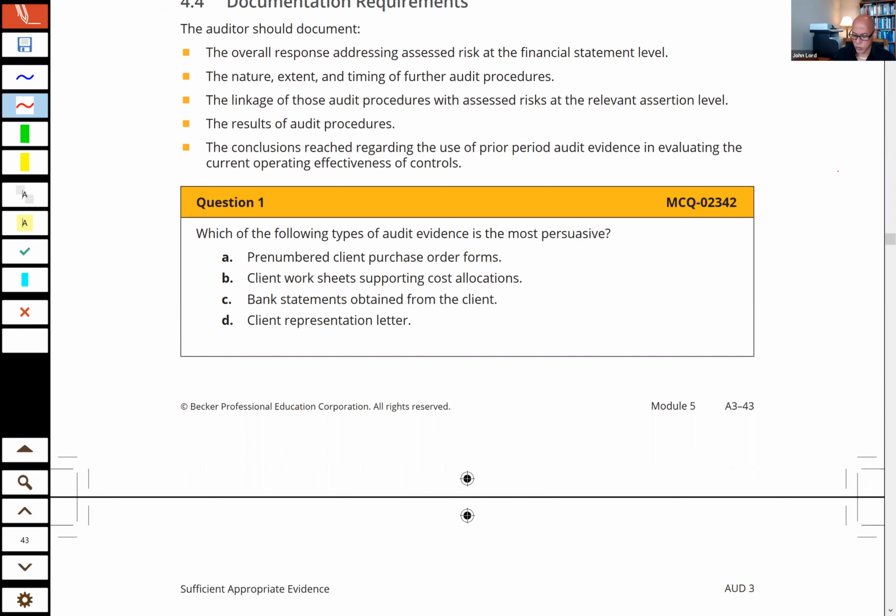So you start looking and say, wait a minute, there's another external evidence here, which is the bank statement. These other things are all internal. No one picked that. The bank statement is external, even though it was held by the client first. So now you're like, okay, C has to be the correct answer, even if you're a little confused about A. But when they say client purchase order, they're talking about your client, meaning that is an internal piece of evidence, not your client's client.